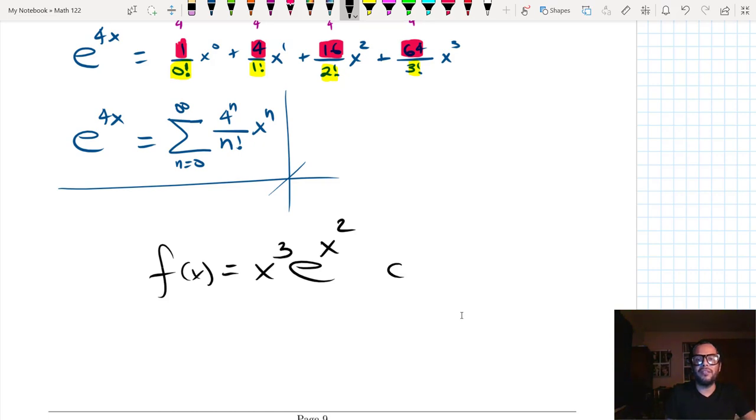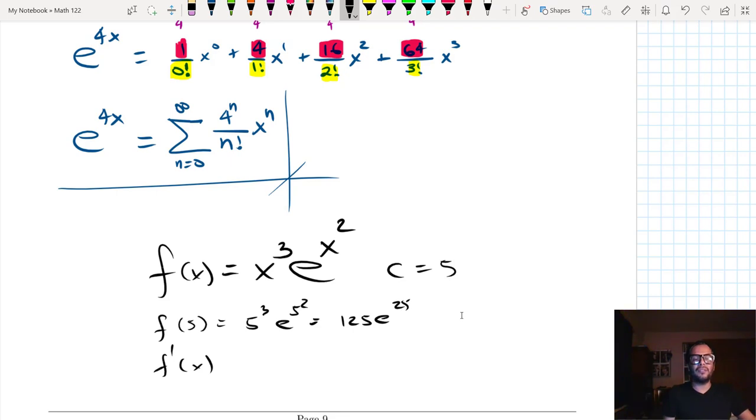Okay, center at c equals 5, for example. f of 5 equals 5 cubed e to the 5 squared, which will be 125 e to the 25. What if I ask you to do the first derivative? You don't want to do this. Yes, it's a product rule, it's not going to take too long, but then the second derivative, multiple product rules. Then the third derivative, multiple product rules. You don't want to do that.